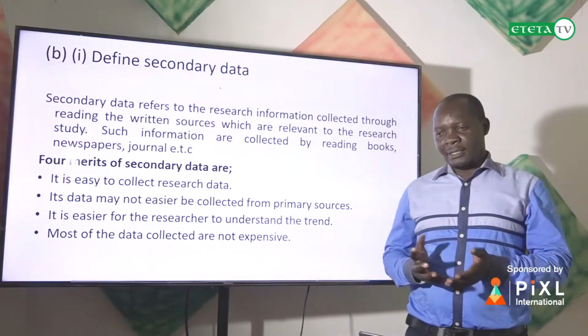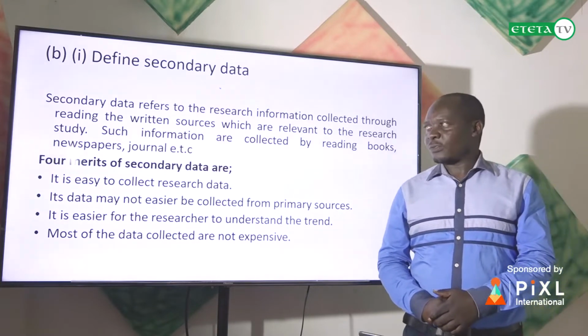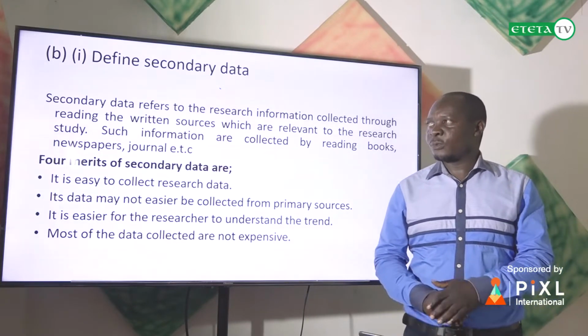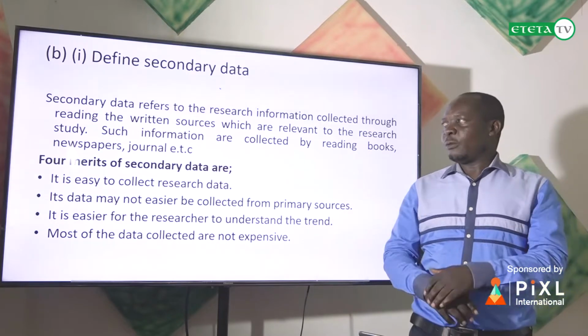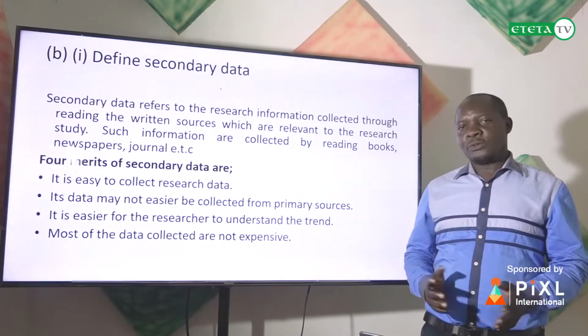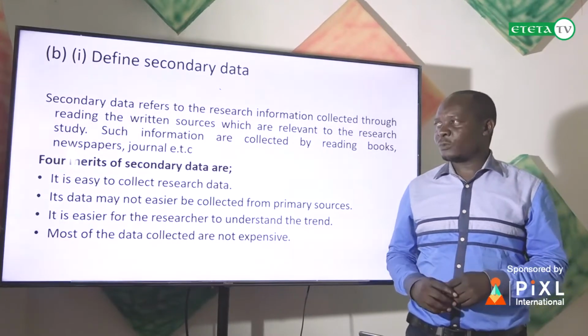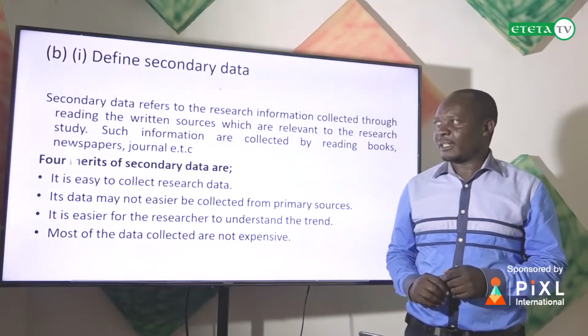Data collected by reading various written sources related to the study is what we call secondary data. Such information is normally collected by reading books, journals, newspapers, magazines, and so forth.